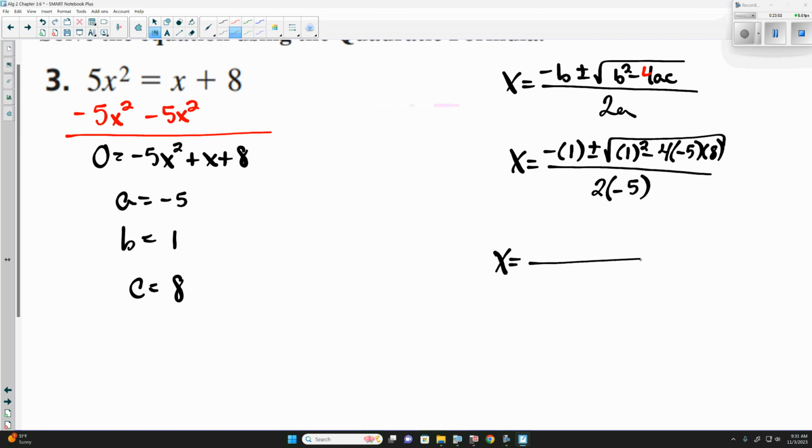And as we simplify, our negative 1 is just going to become negative 1. The denominator 2 times negative 5 would be negative 10.